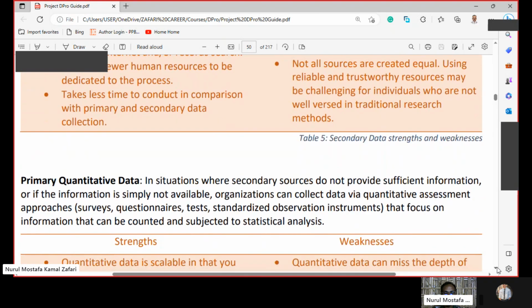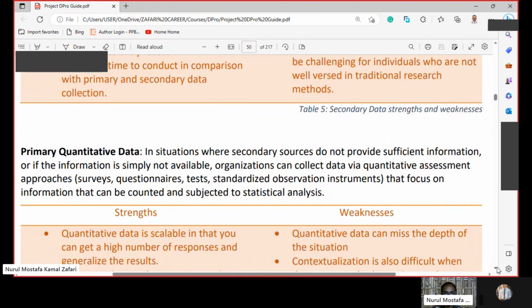And the primary quantitative data and primary qualitative data, which is directly collected from the field, and it reinforces the secondary data. And in some cases, you don't need a secondary data.